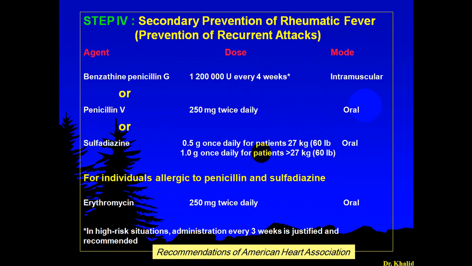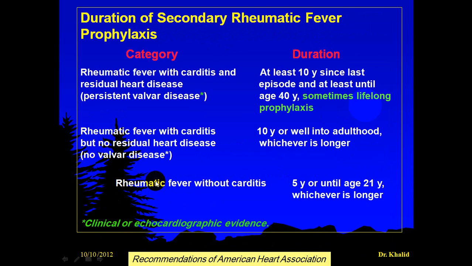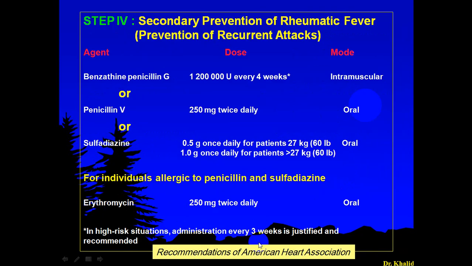So the agent is benzathine penicillin G, intramuscular every month, in divided doses and divided sites of injection, or oral penicillin or sulfa orally for a period we will discuss. For individuals with allergies, use erythromycin. In patients at really high risk, we might make the interval of injection every 3 weeks.